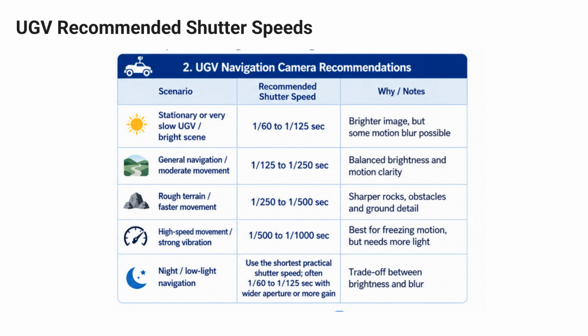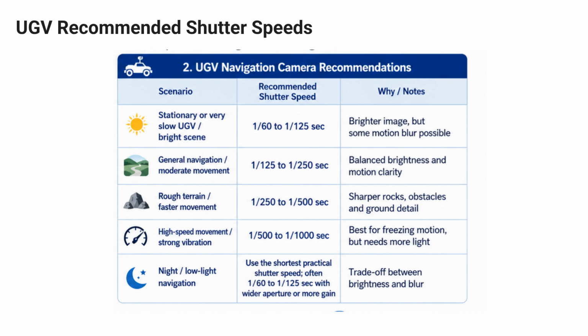For vehicle navigation cameras, shutter speed should match the vehicle's speed, terrain, and available light. For a stationary or slow-moving UGV, 1/60 to 1/125 second can provide a brighter image. For normal navigation, 1/125 to 1/250 second offers a good balance between brightness and motion clarity.